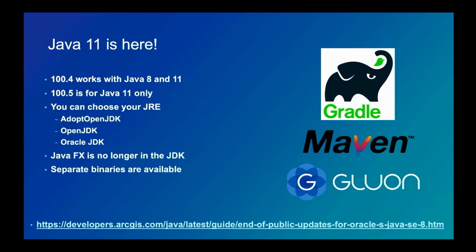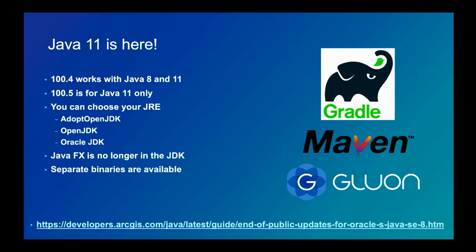There are a few little problems that you'll come across. Now, the next release that we've got coming out, 100.5, will only work with Java 11. And going forward, we're going to be supporting the LTS, the long-term support versions of Java as they are released. And an LTS version, we're expecting to see those coming out every 18 months to 2 years.